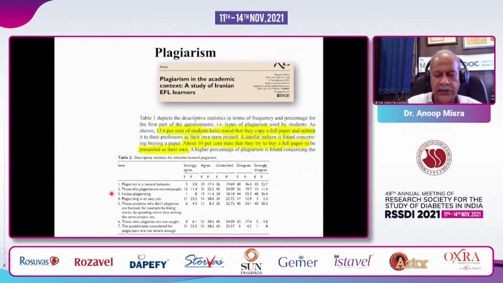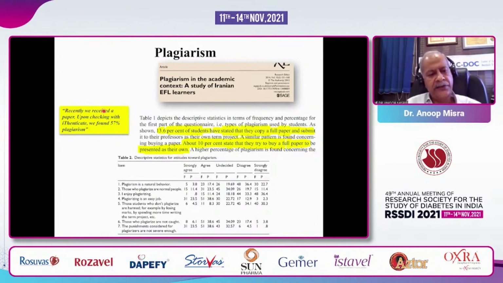And look at this Iranian study: 13% of the students said they copy a full paper and submit it to their professors, and 10% said they buy a full paper from somebody else. Recently, we received a paper. Upon checking with Authenticate, which is software, we found 57% plagiarism taken from other papers.